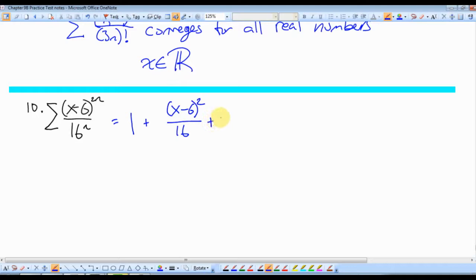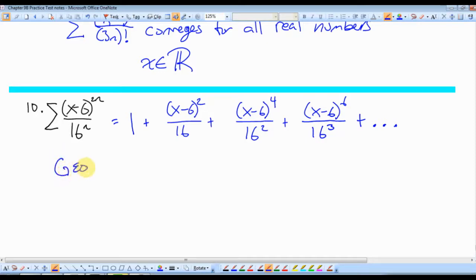If I substitute 2, I get x minus 6 to the 4th power over 16 squared. And if I plug in a 3, I get the same over 16 to the 3rd power. Very regular. This is a geometric series.